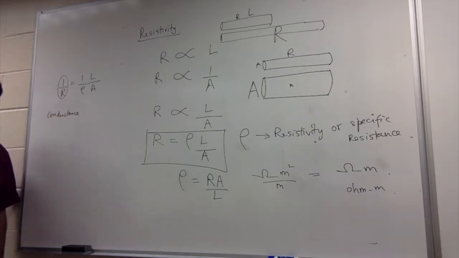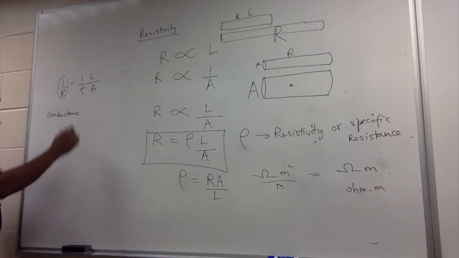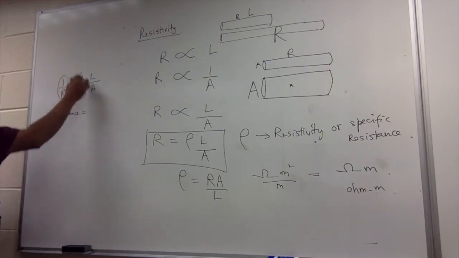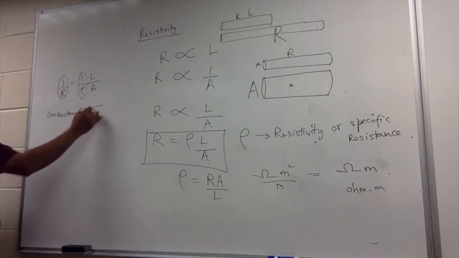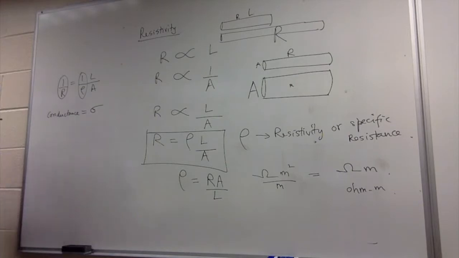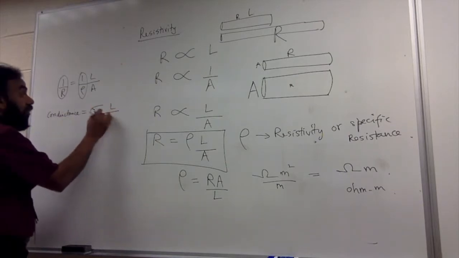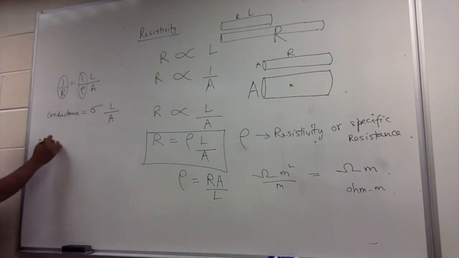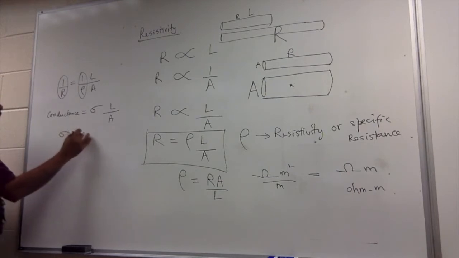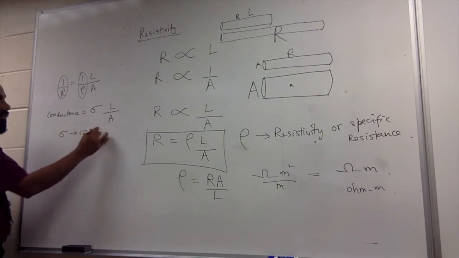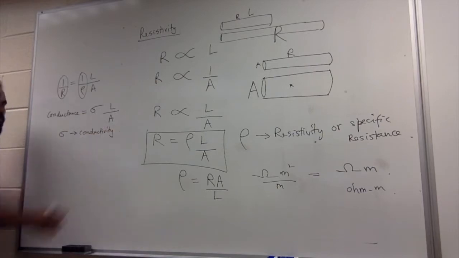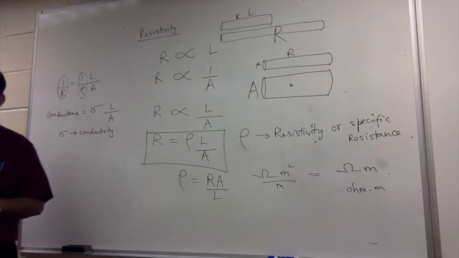Some books write it as G, conductance. I don't know where the G came from. But conductance is equal to 1 over resistivity, which is called conductivity, sigma, and then L over A. So what is that symbol? That's called conductivity.